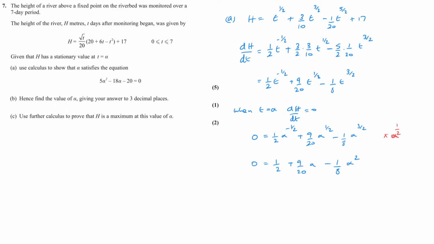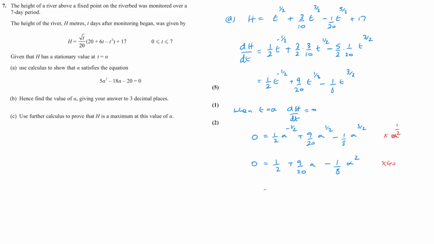Now all I need to do is multiply through by a number that gets rid of all the bottom ones. So a number that goes into 2, 20 and 8. So if I multiply by 16, 24, 40, that goes into all of them.